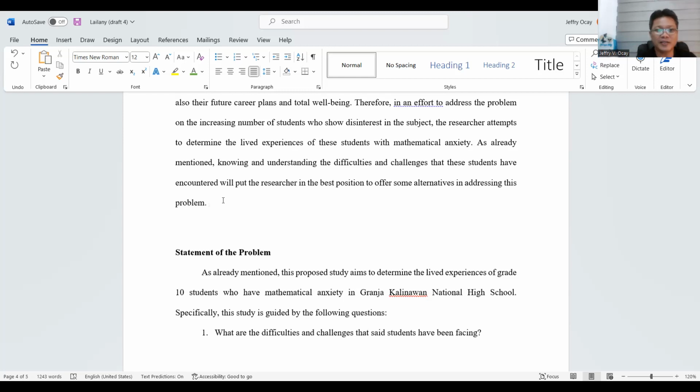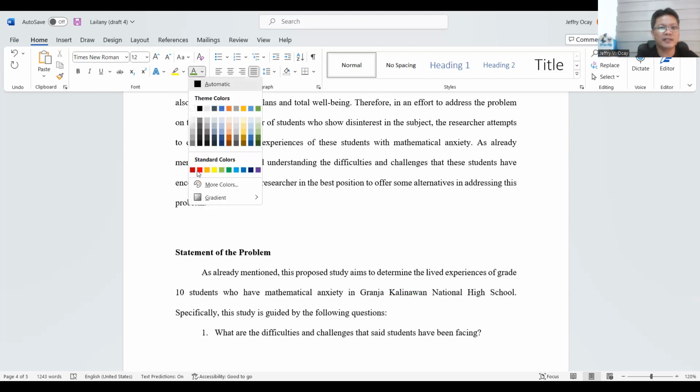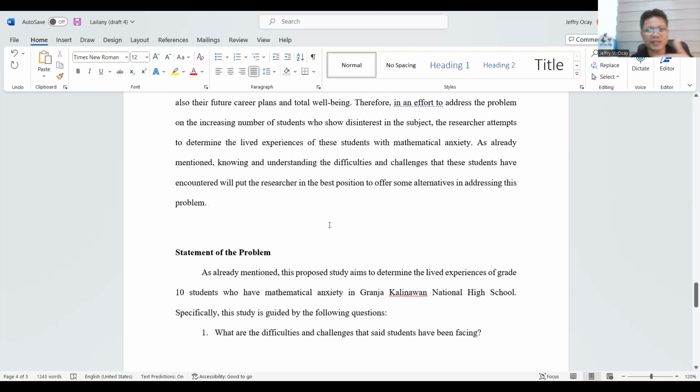Normally, in my research articles, after stating the thesis statements, you can simply write this, just as an example, we may say this is guided by the following questions.